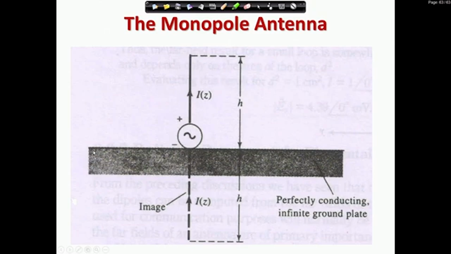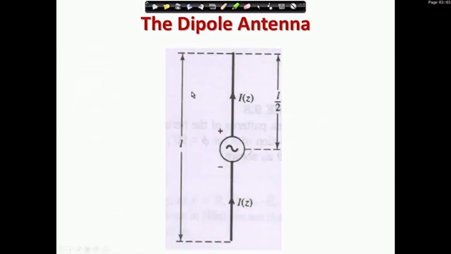So, how would they make it? There should be an infinite perfect ground plane, so that by image theory it is the dipole. If we place a ground plane here, then we need not have the lower pole. This is called a monopole antenna of height h. So, these two structures we will try to analyze today. First, we will start with the dipole.